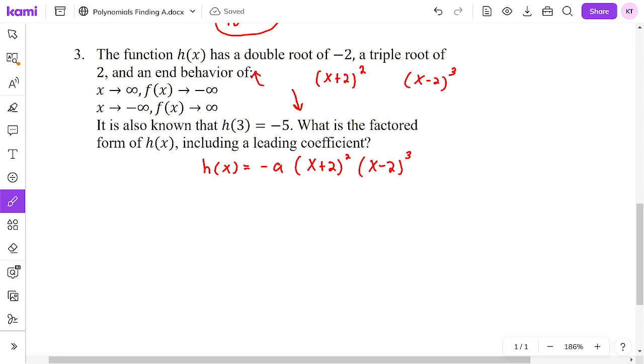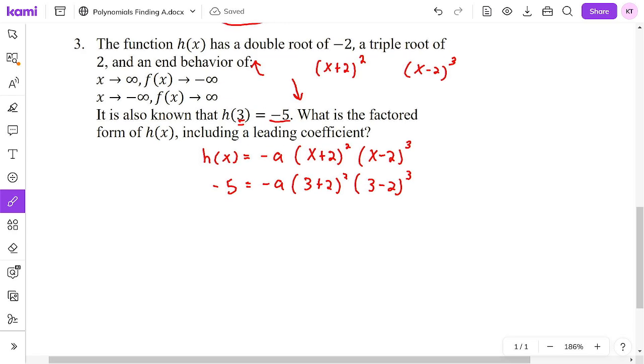And then just like the previous two questions, I'm going to go ahead and plug in these numbers. So -5 will be equal to -a times 3 plus 2 squared times 3 minus 2 cubed. Then this will be negative 5 is equal to our negative a times 5 squared times 1 cubed.